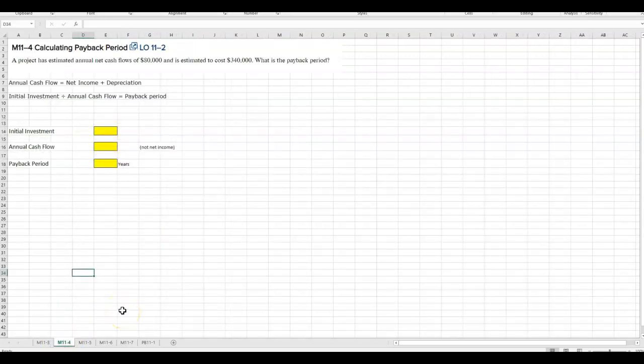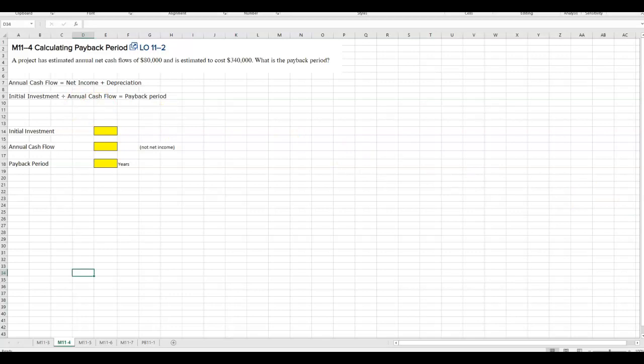And then there's the payback period. This is another way to evaluate whether you're going to take a project or not and do capital budgeting. So the payback period formula is to take the initial investment divided by the annual cash flow, not annual net income. So cash flow is net income plus depreciation.